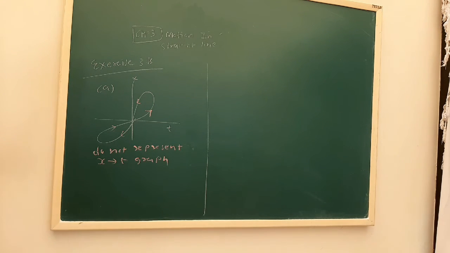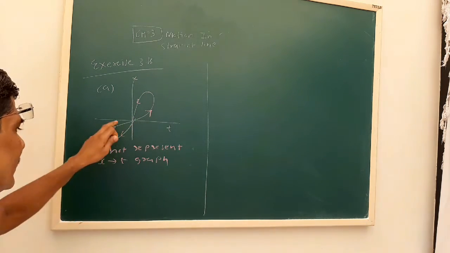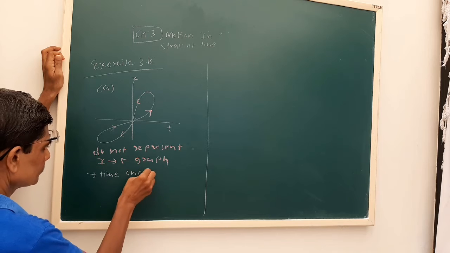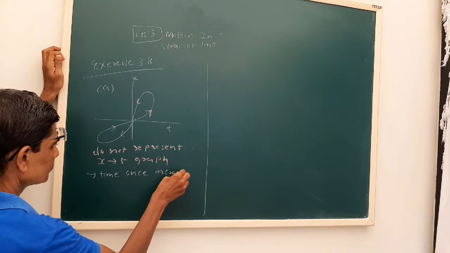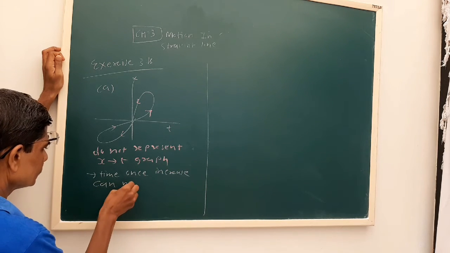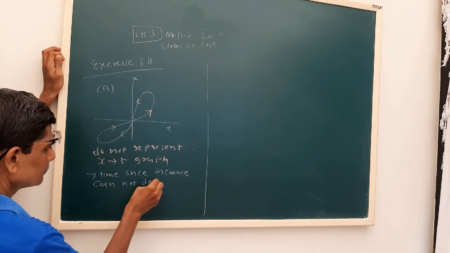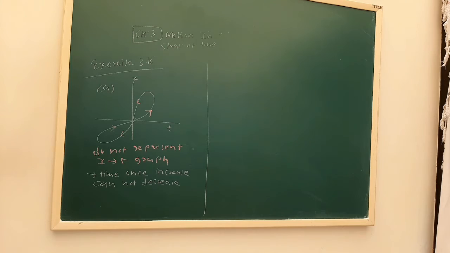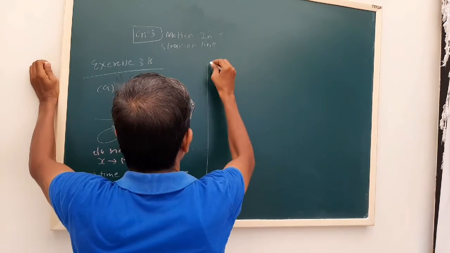because see, the time is a scalar quantity. Once it is increasing, it cannot decrease. See, that is why this first graph does not represent a one dimension motion.